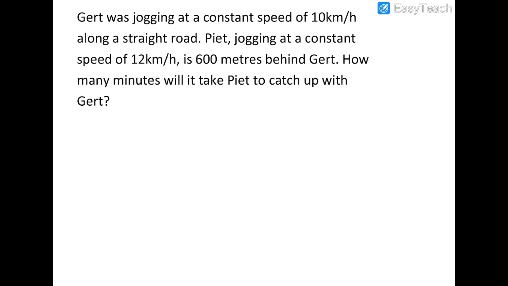Okay, before we start analyzing this question, I just want to mention something with regards to speed. Assume that there's a car A moving at 100 kilometers per hour, and another car B moving at 80 kilometers per hour.